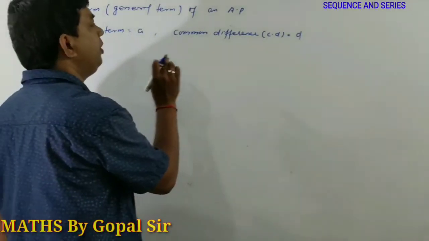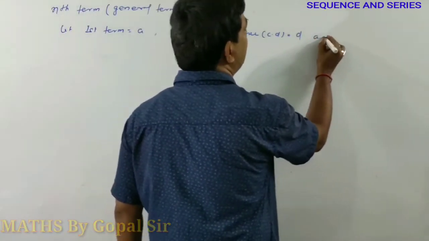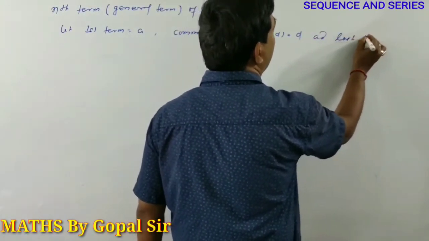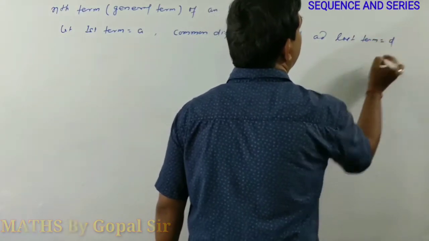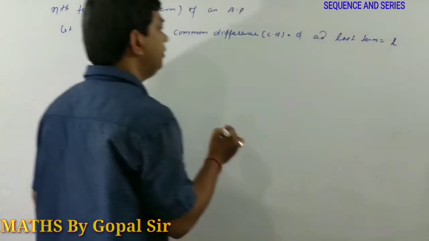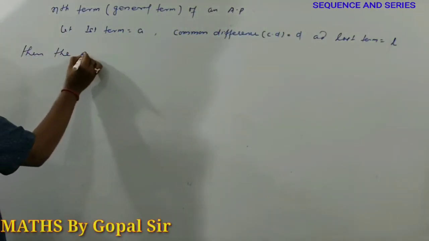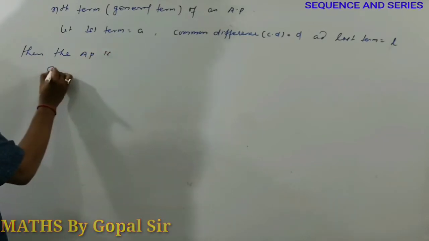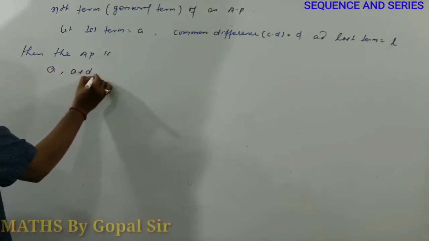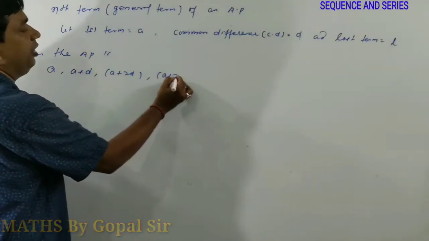Now the nth term from last. The first term is a, the common difference is d, and the last term is L. Then the AP is a, a plus d, a plus 2d, a plus 3d.